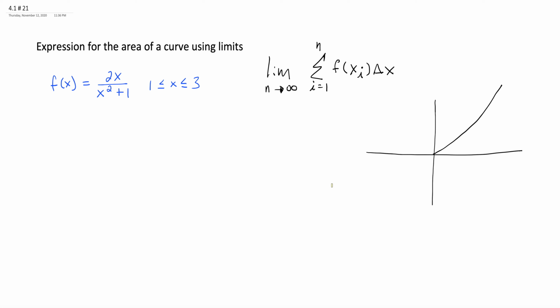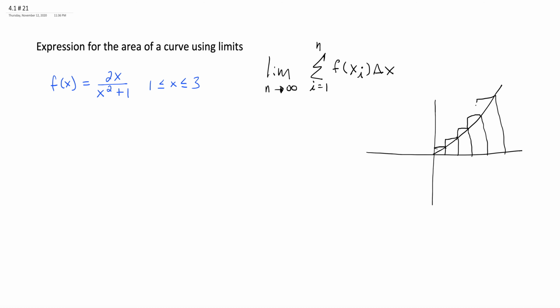The way we're going to do that is by adding up a bunch of little tiny rectangles, like this.